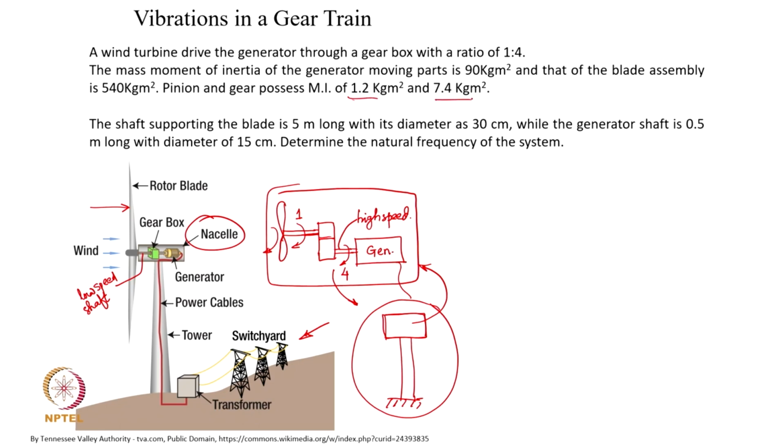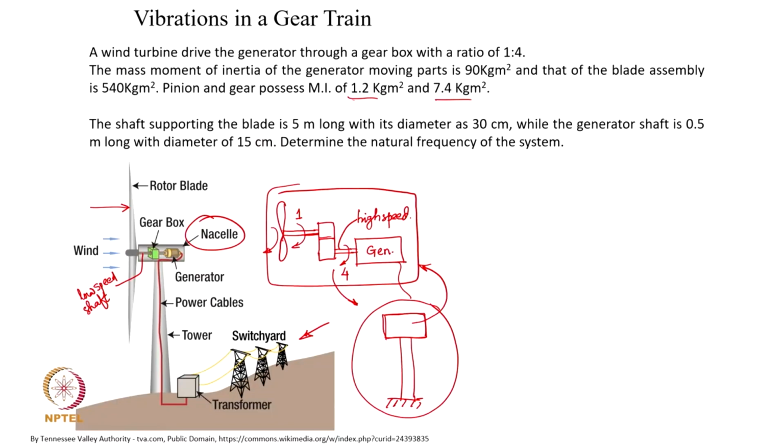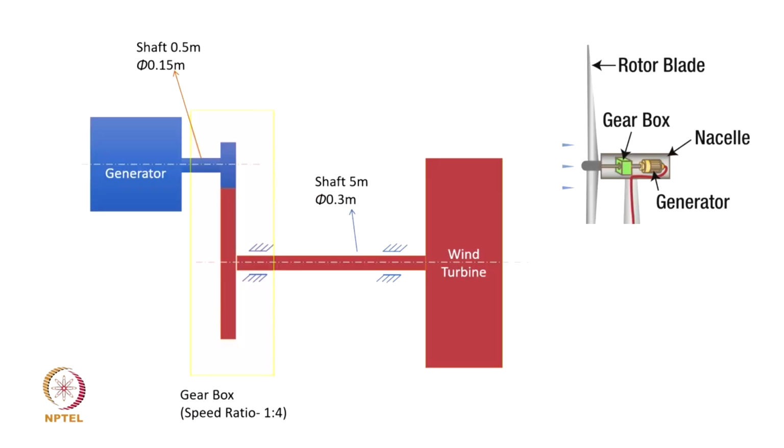The shaft supporting the blades is 5 meter long, and its diameter is 30 centimeter, the generator shaft is 50 centimeter long with a diameter of 15 centimeter, and with that you have to make a model and find the natural frequencies of the system. So, with that we focus on this torsional vibratory system, and this is the simplified model that I have of the system in question.